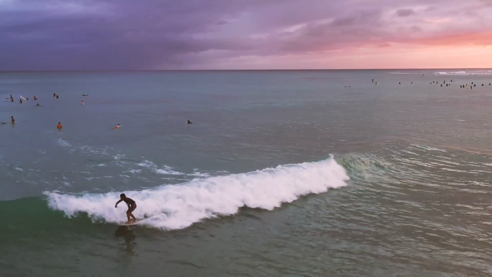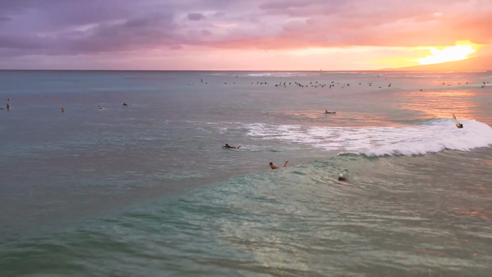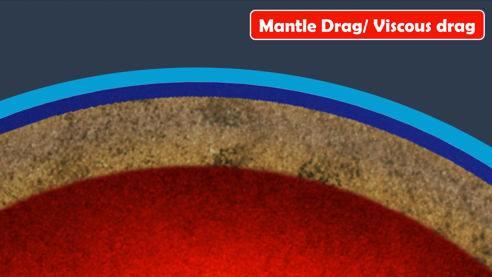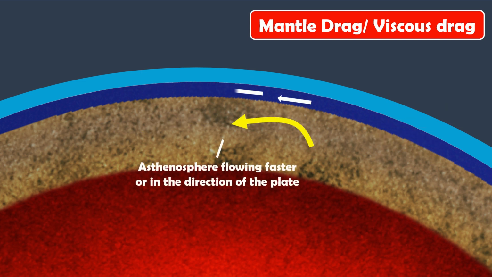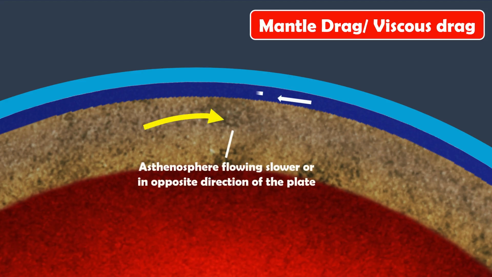But if the current is slower or flowing against you, it makes your swim harder, acting like a brake. Mantle drag works in a similar way. If the asthenosphere is flowing faster, or in the direction of the plate, it gives the plate a push. But if it's moving slower, or in the opposite direction, it acts like a brake, and resists the plate's motion.